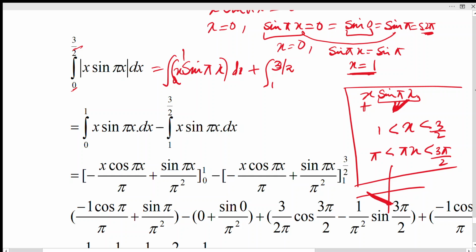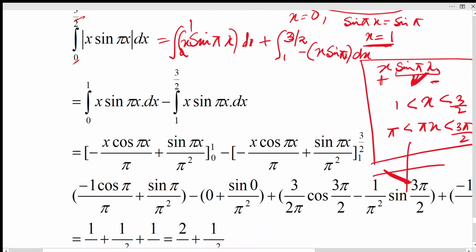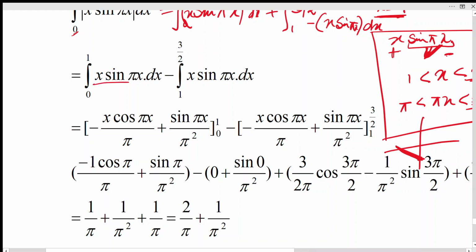In the third quadrant, sine is negative, so plus times minus, this one will be negative. So this is x sin(πx) dx. Don't mind the handwriting, please. So this one will be positive from 0 to 1, and this one will be negative.